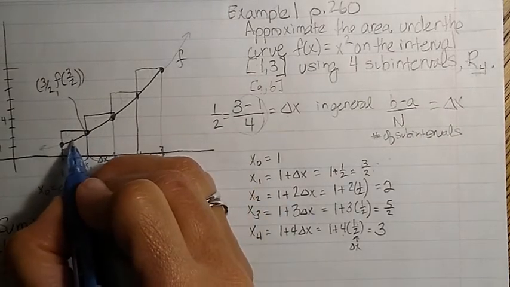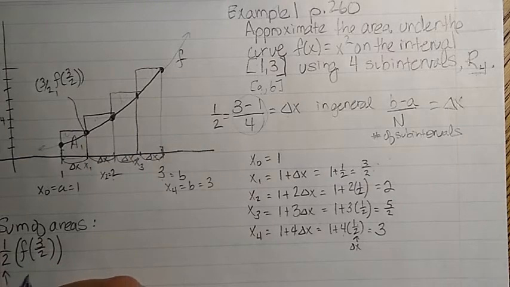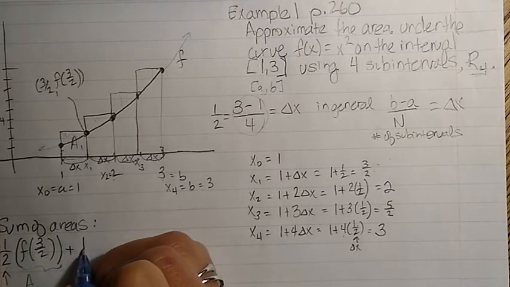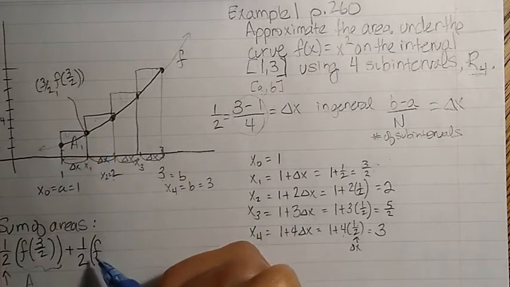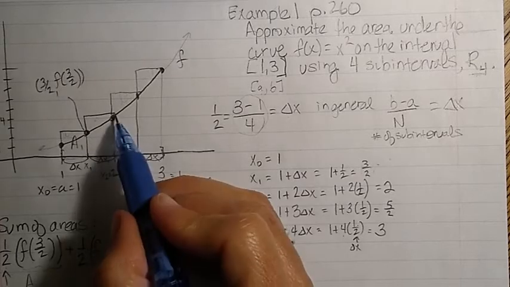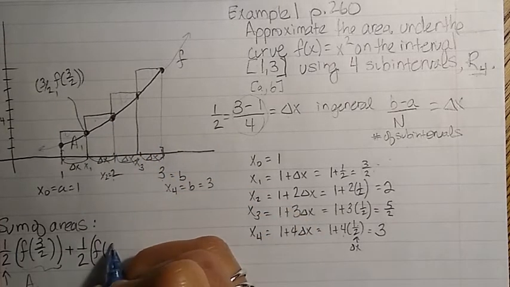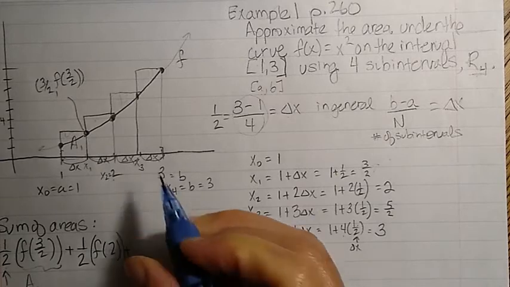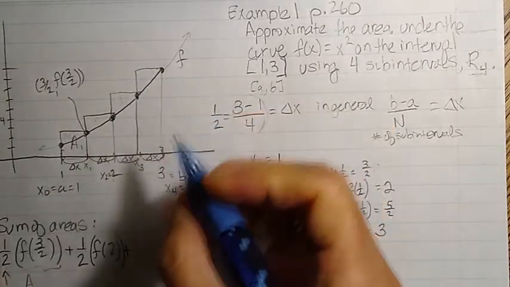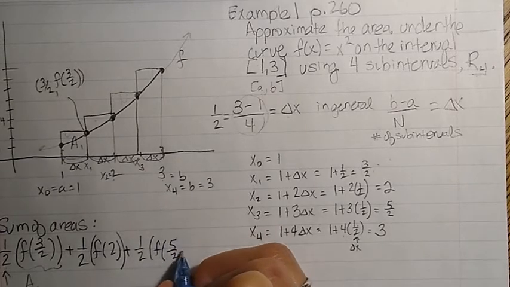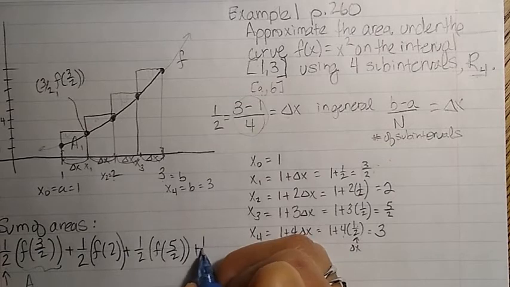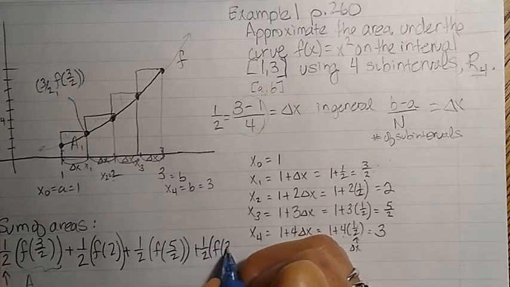So if I were to call this area 1, here's the area 1 expression. It's 1/2 wide and however tall that is. The next one is also 1/2 wide, and it's f of, let's see, this height, 2. Plus the next one is this point, 1/2 f of 5/2, and then the last one is 1/2 f of 3.